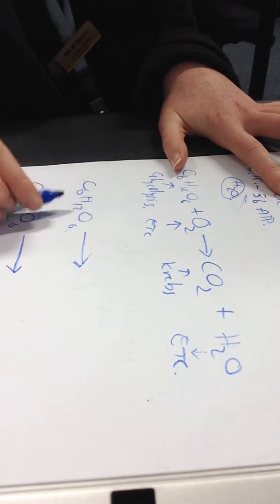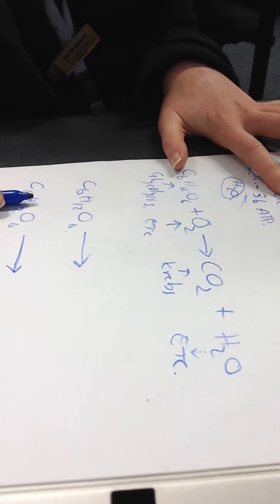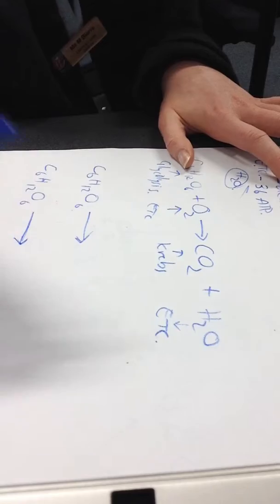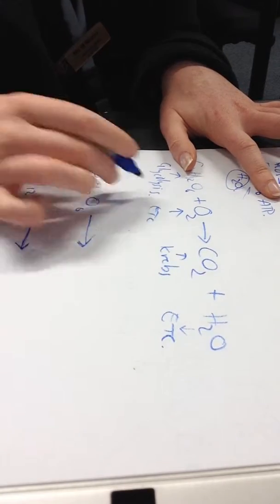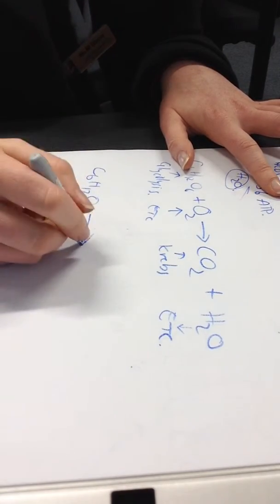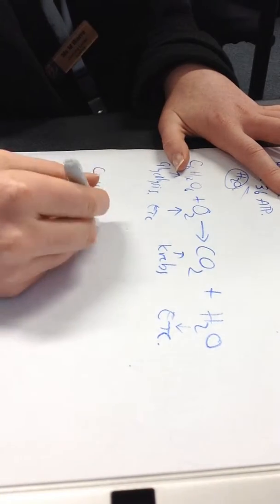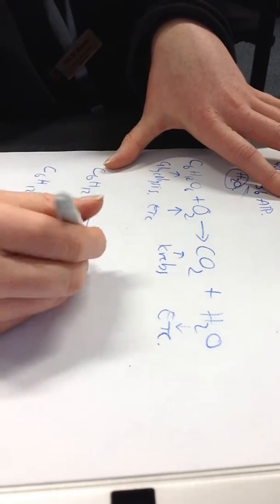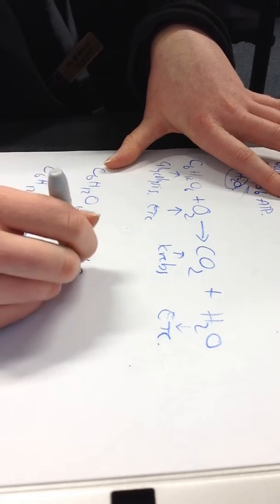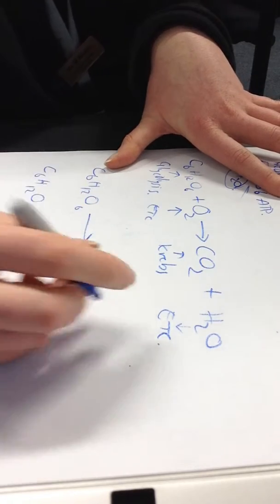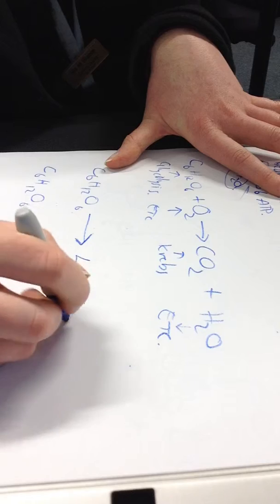We start with the same sugar, glucose, probably from their food or from photosynthesis. In one of the cases, you could get lactic acid.